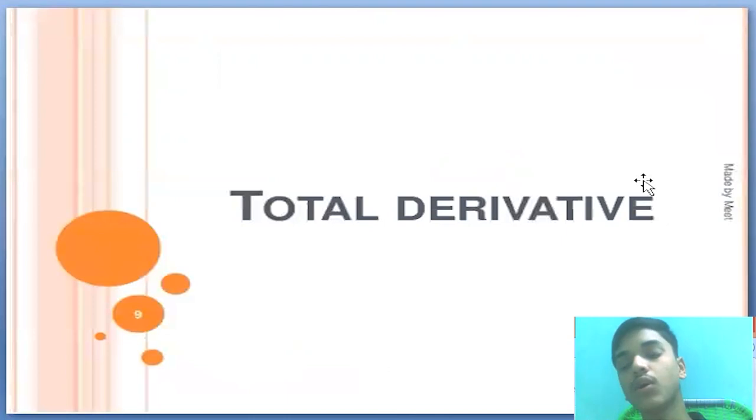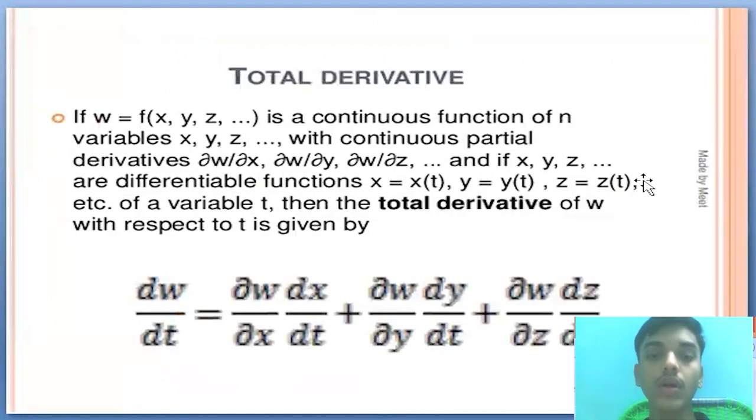Now we are going to learn about the total derivative in this Tech Talk session also. So what is the total derivative?